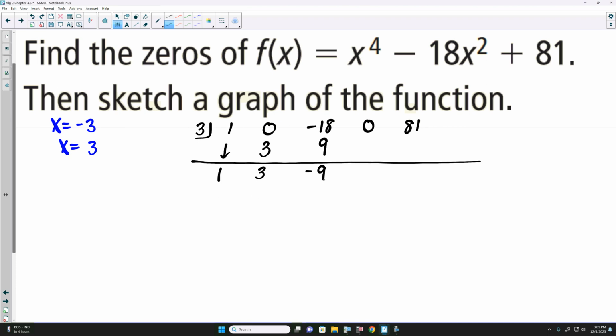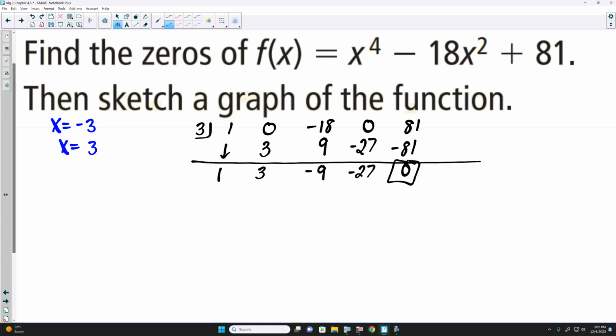Nope. We are not, unfortunately. 3 times negative 9 is negative 27. 0 plus negative 27 is negative 27. And lastly, 3 times negative 27 is negative 81.